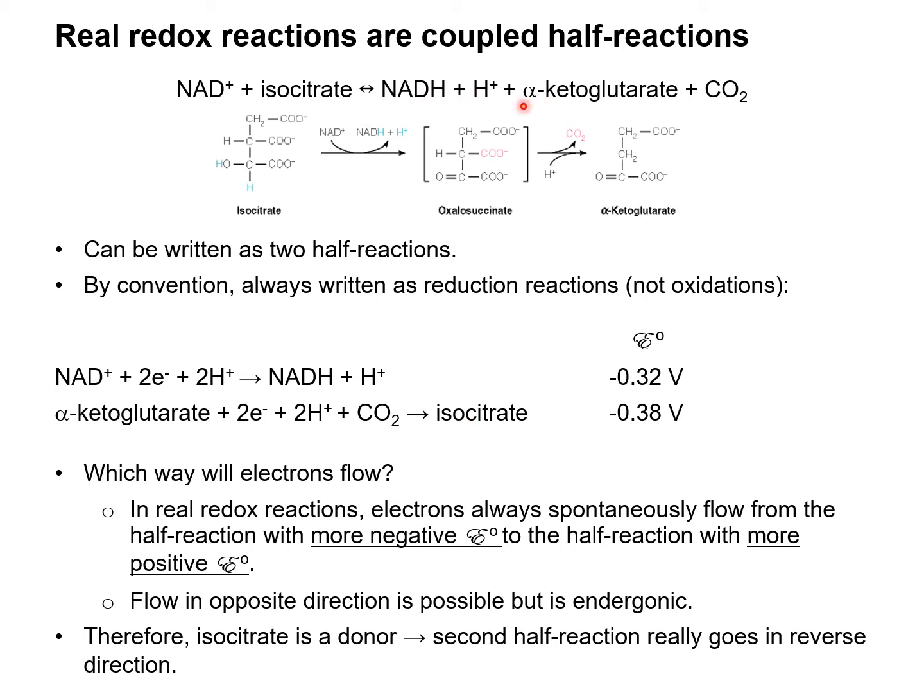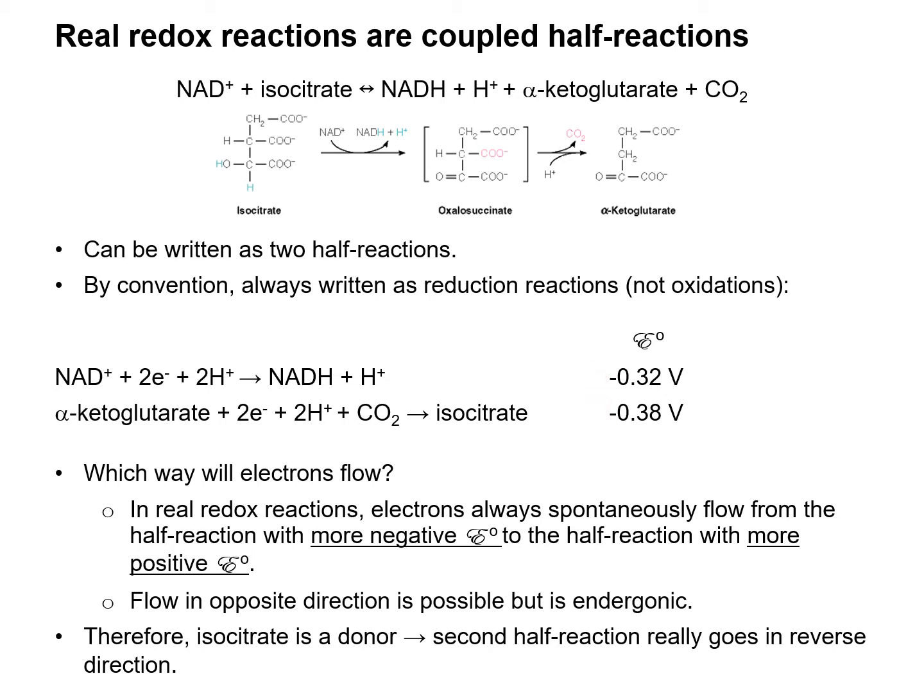Alpha ketoglutarate takes 2 electrons, 2 hydrogen cations and carbon dioxide to form isocitrate. So alpha ketoglutarate is reduced to isocitrate. Their E naught values are written here.